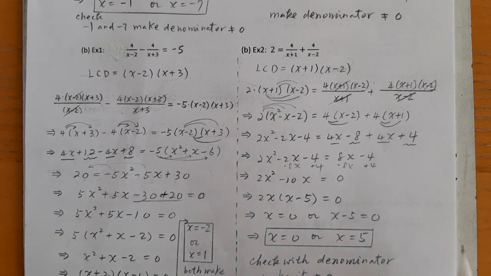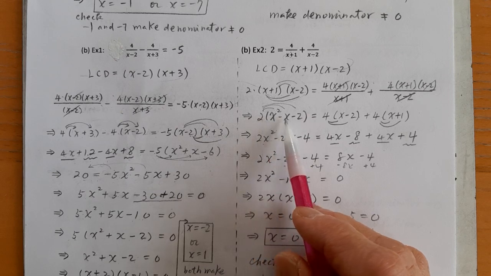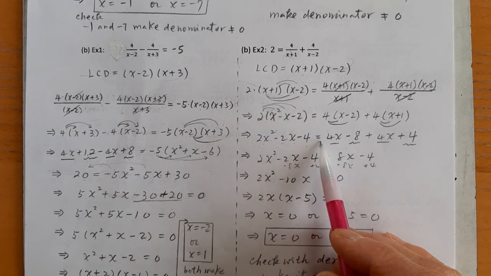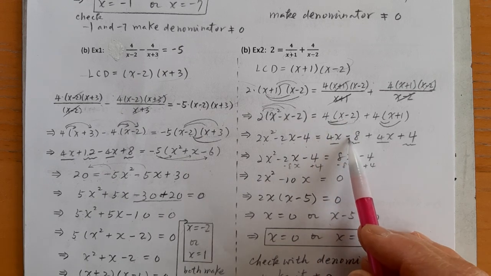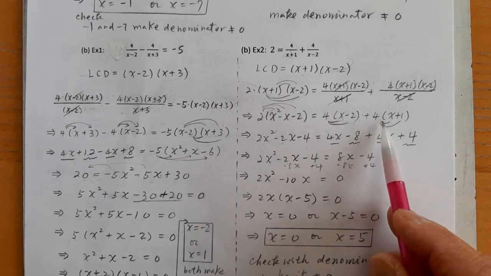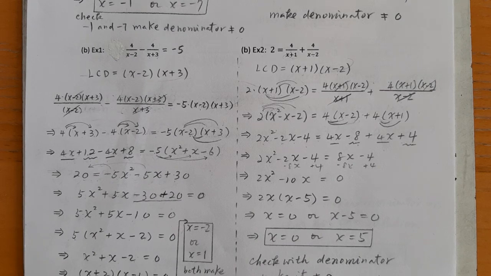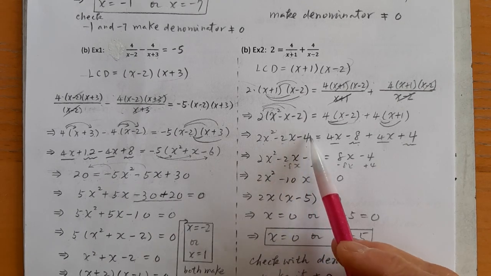Then distribute the 2: 2 times x squared minus 2x minus 2 times 2 is 4, equals. Distribute the 4: 4x minus 4 times 2 is 8. Distribute the 4: plus 4x and plus 4. Then combine like terms. The left side is 2x squared minus 2x minus 4 equals.